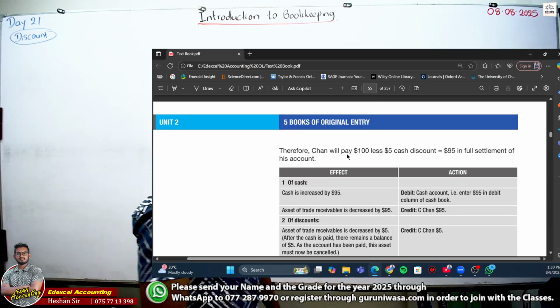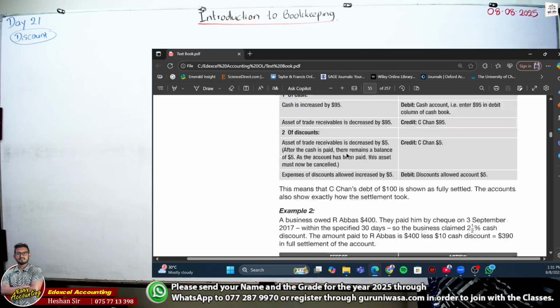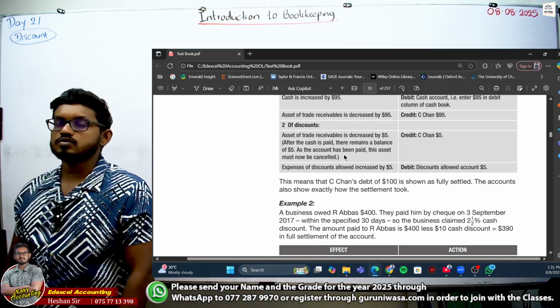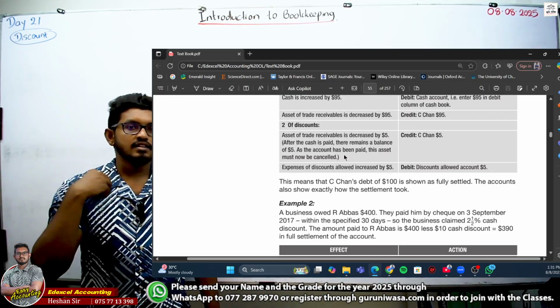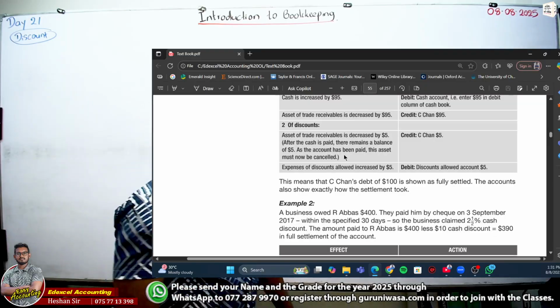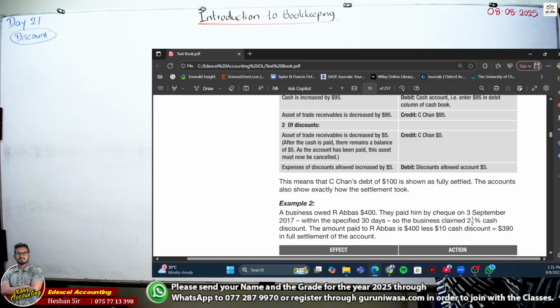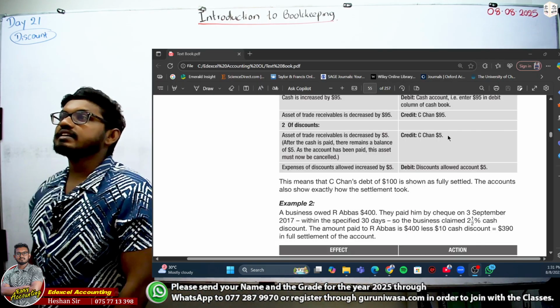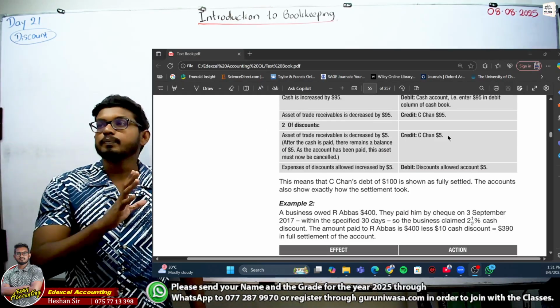Now when we consider the discount, asset of trade receivable is decreased by 5 because the supplier is not giving that discount as cash, but the supplier is asking Chan not to pay that 5. So from the supplier's point of view, the asset of trade receivable is decreased because we are telling him not to pay it, right?